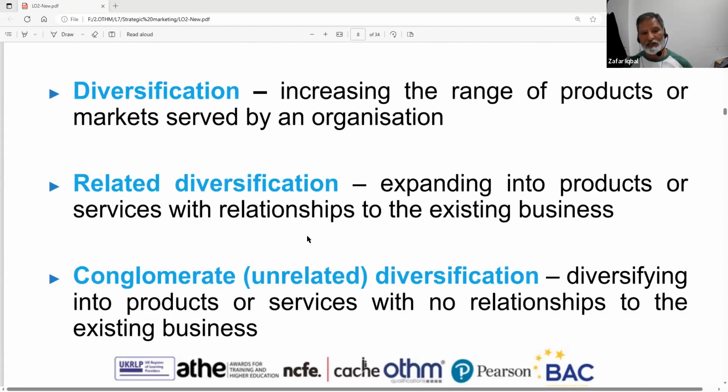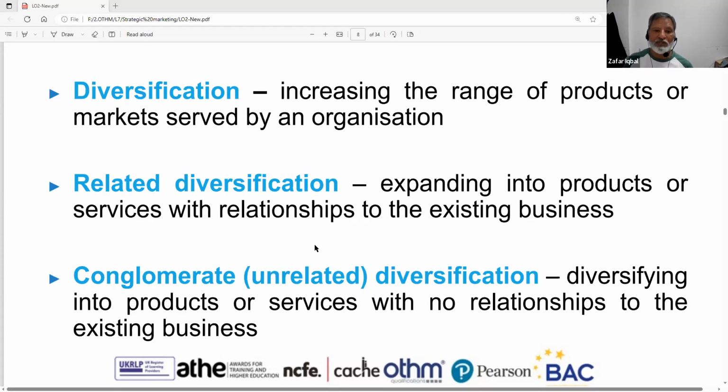Okay, or you can diversify into a completely new area of market, new products, new services, and build new relationships rather than the existing relationships. Okay, because you are diversifying into a newer market, and that's quite risky, that's quite dangerous, that's quite requiring a lot of resources and requiring a lot of challenge.